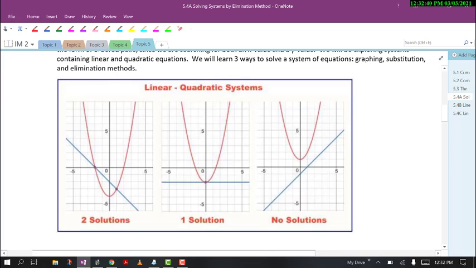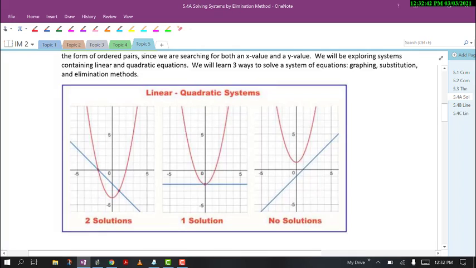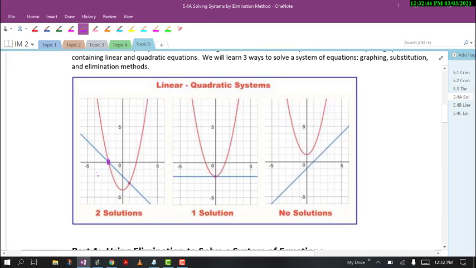So there could be 3 different types of solutions, or 3 different ways to look at these problems. Either there's 2 solutions where we have our parabola, the red, and our line, the blue, and they're just right there. The intersections are at (-2, 0) and (1, -3). And those would be the solutions. In this one, we only have one solution.